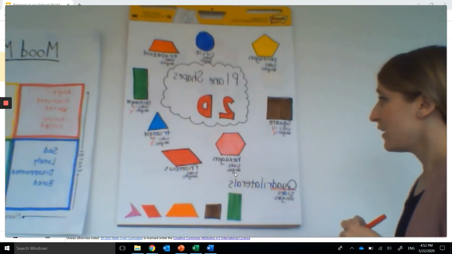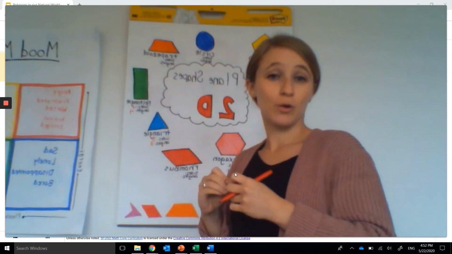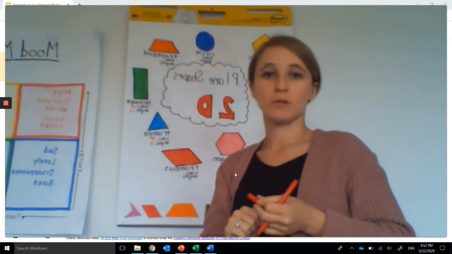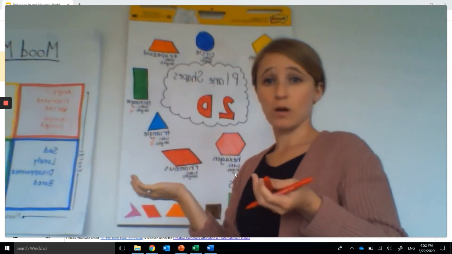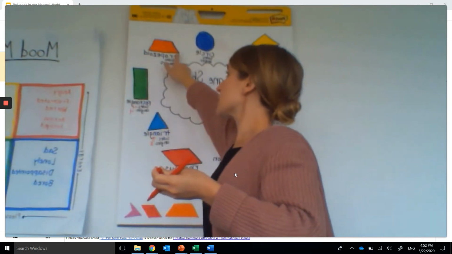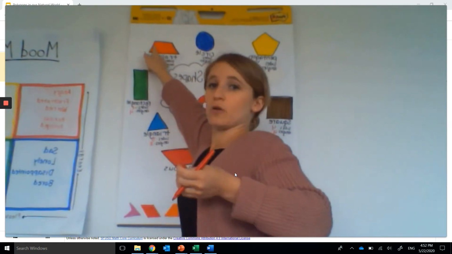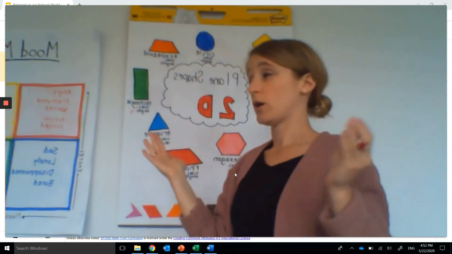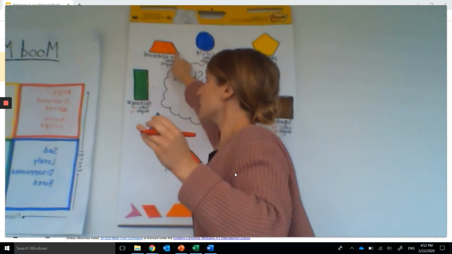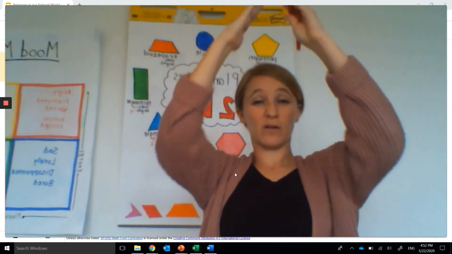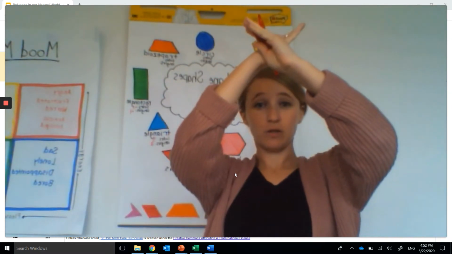Okay, a new word, or a word that might be new for you, is the word trapezoid. This shape is called a trapezoid. It's different than a square or a rectangle, even though it has 4 sides. It's different because this side and this side are parallel, which means they would never touch if they were going on forever and ever. But this side and this side slant toward each other, which means if they kept going on forever and ever, they would eventually bump into each other.